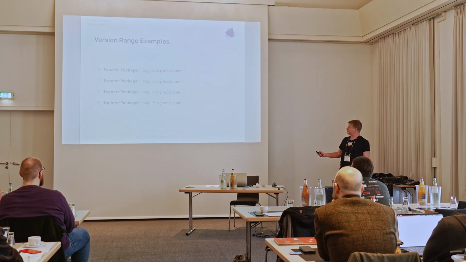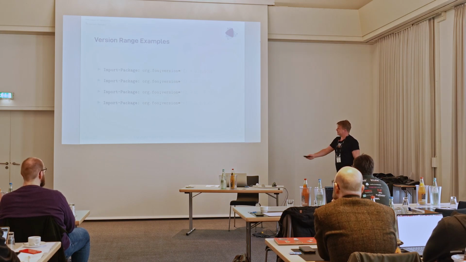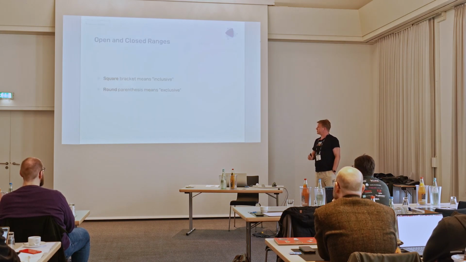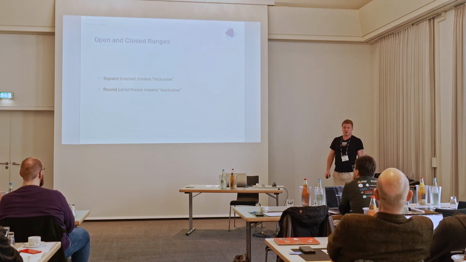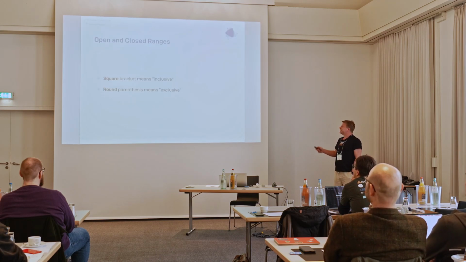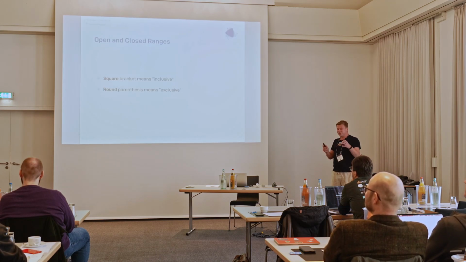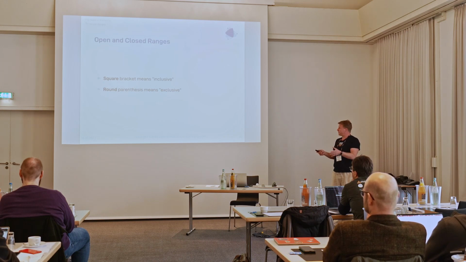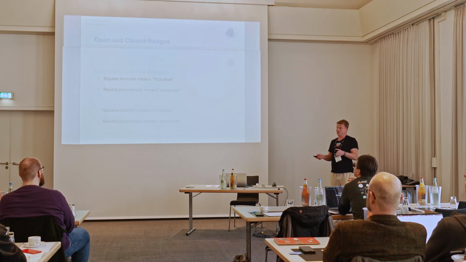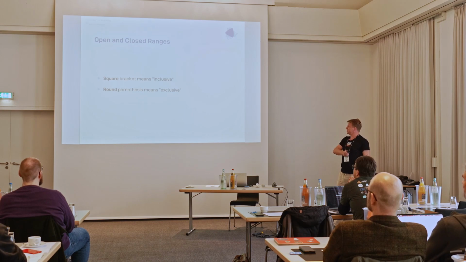You not only have one version on your import package, but a second version, with different brackets and parentheses. A square bracket means this version is inclusive, and a round parenthesis means this version is exclusive. So how does this look in the wild?